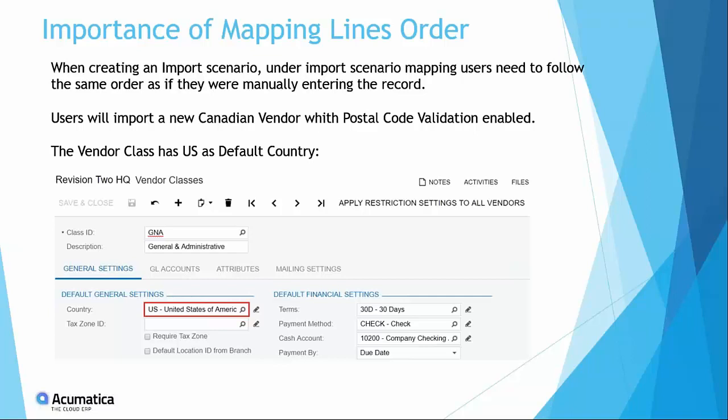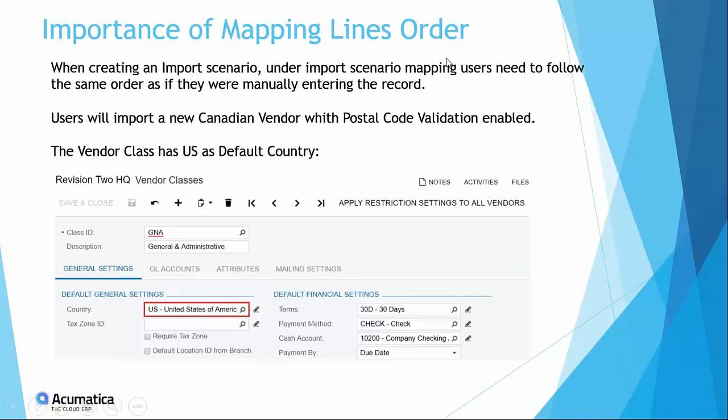You need to follow the same order because some fields are populated automatically, or other fields might error out, which is the example that I will show you in this exercise. If we get an error in an import scenario, it will break the import process.